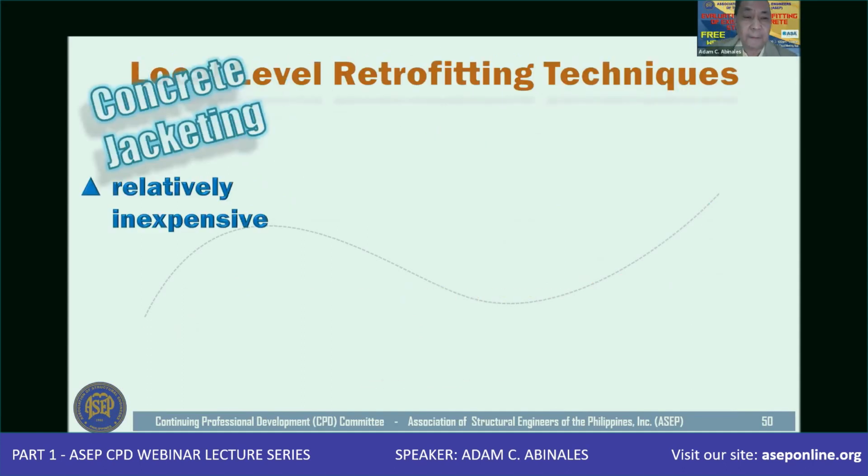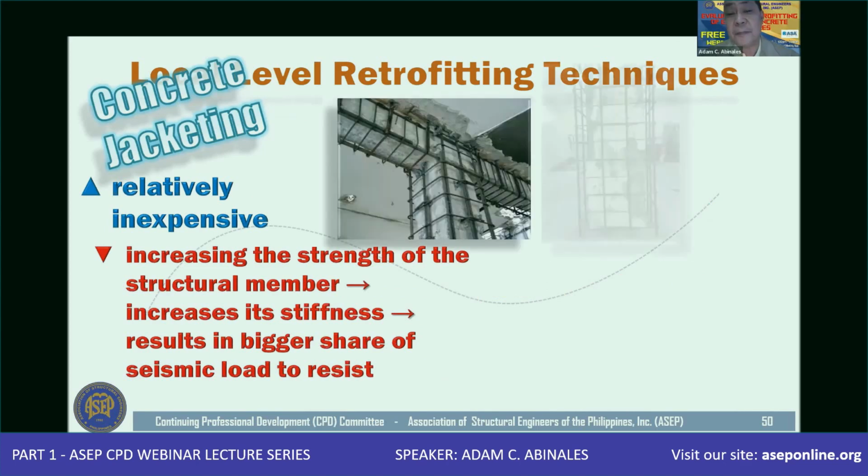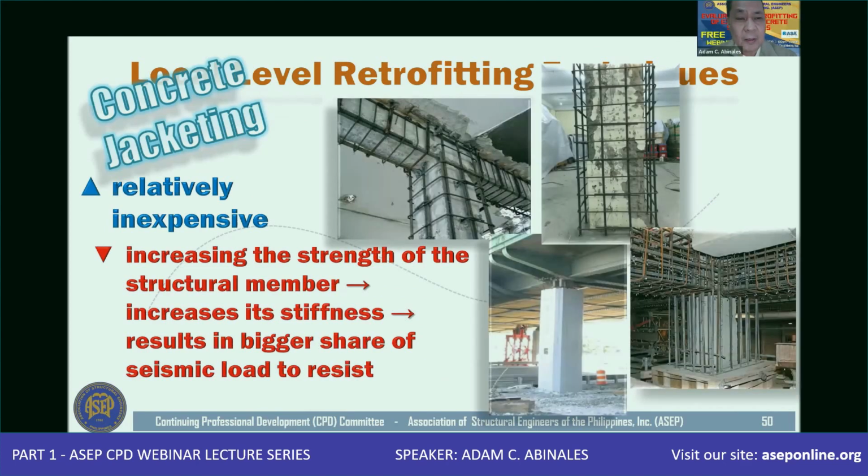Concrete jacketing, I would say, is relatively inexpensive. But if you use jacketing to increase the strength of the structural member, you increase the stiffness, but you also increase the seismic weight. So that is the downside.